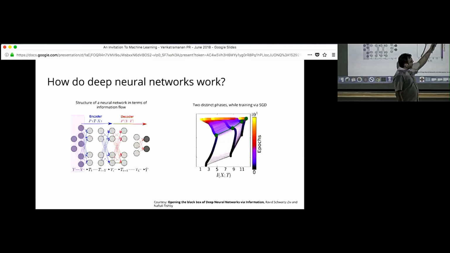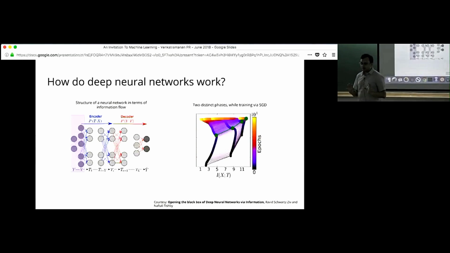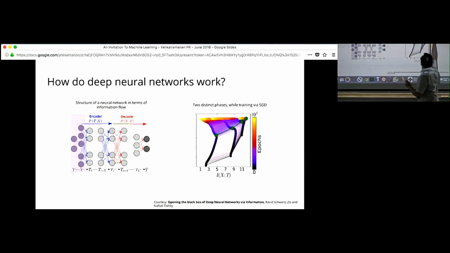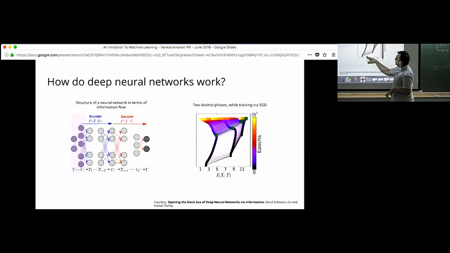Because the input X is supposedly correlated with Y, the mutual information should be high, and the first layer sort of knows that, so it is high for both. But the other layers are low. As the training progresses, these points start moving. The mutual information of each layer moves up and to the right, which means the output T is becoming more and more correlated with X, as the mutual information is increasing.